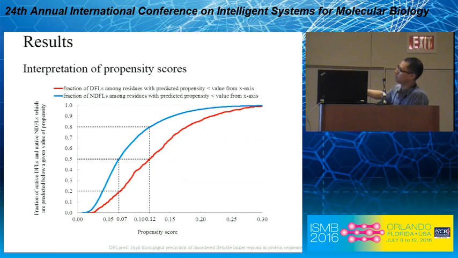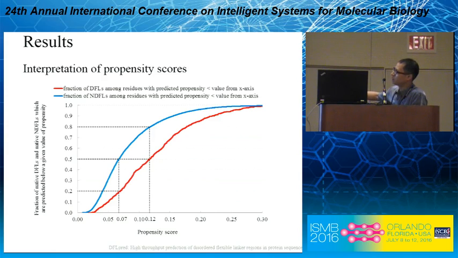The native DFL is the red line. The blue line is the native non-DFLs which are predicted to be below a given score. So by using scores 0.07 and below, we can find half non-DFLs and 20% DFLs.